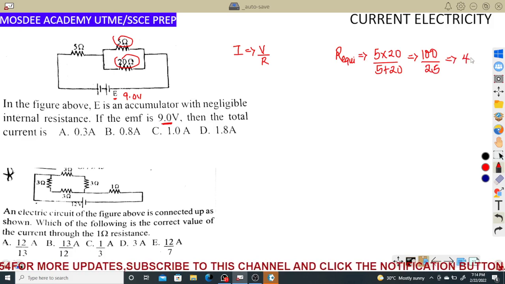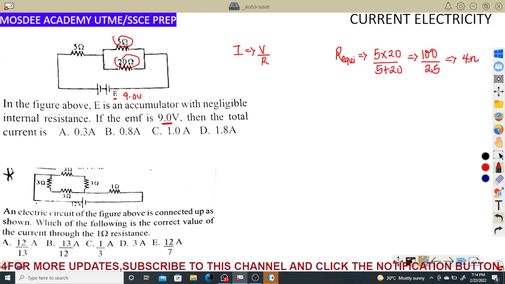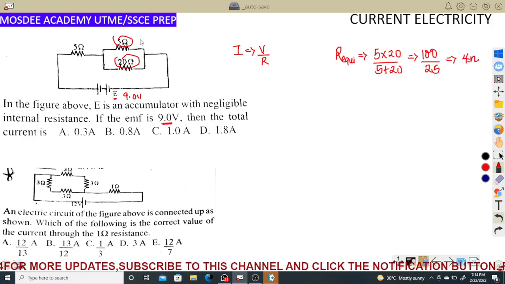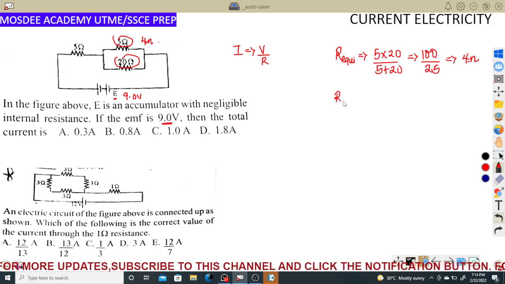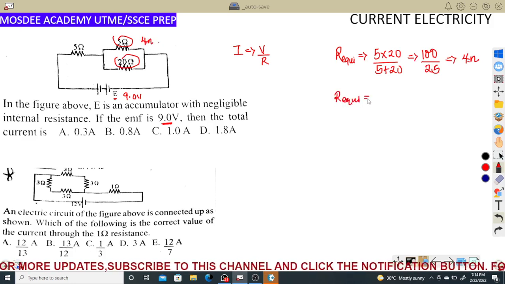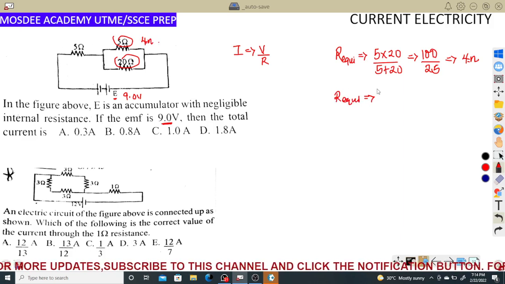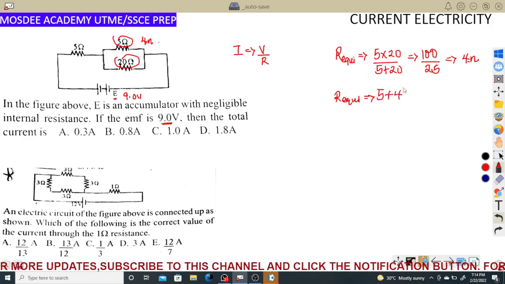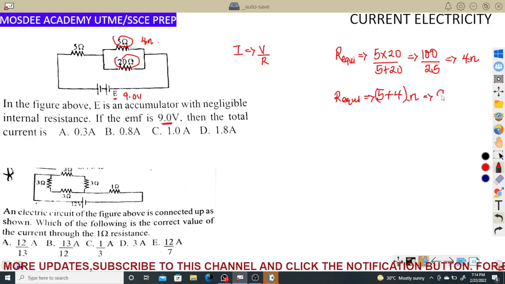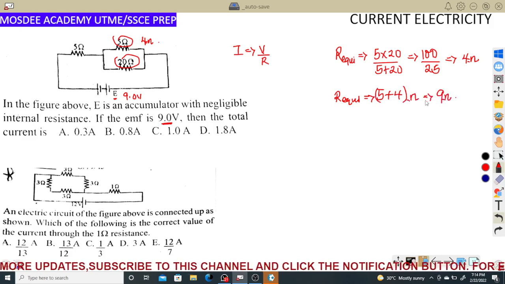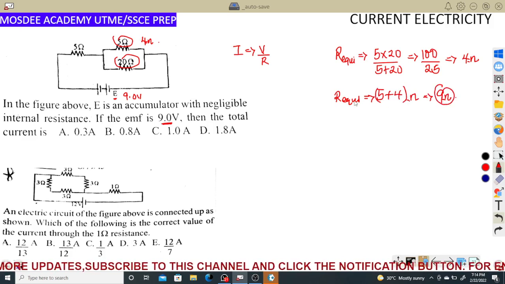This will give me 4 ohms. So my dear student, these two have now been resolved to series, and it was 4 ohms. So equivalence now for the series arrangement is 5 plus 4. 5 plus 4 ohms is going to give you 9 ohms. So the equivalent resistance is 9.